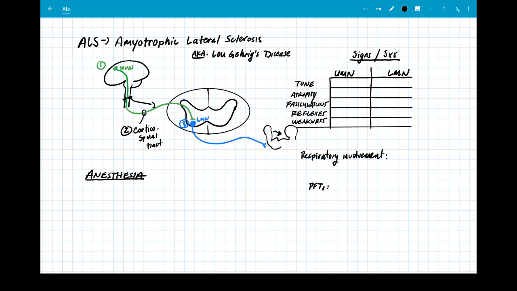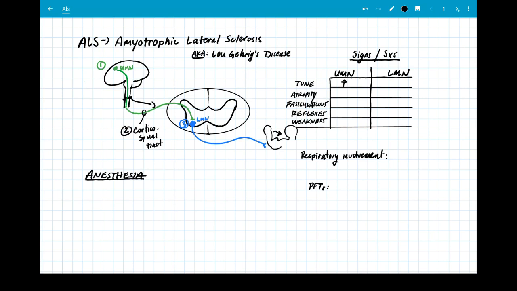Because this disease involves both upper and lower motor neurons, it can sometimes be a little bit difficult to tease out exactly what's going on. So let's talk about the different signs and symptoms for upper versus lower motor neuron on the table on the right. With our upper motor neuron diseases, typically the patients have an increase in tone.